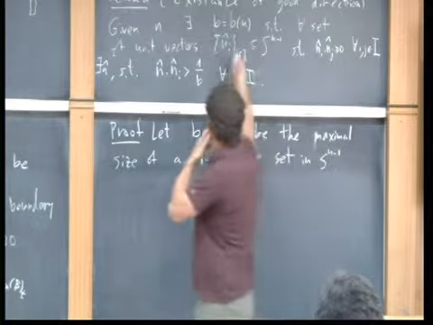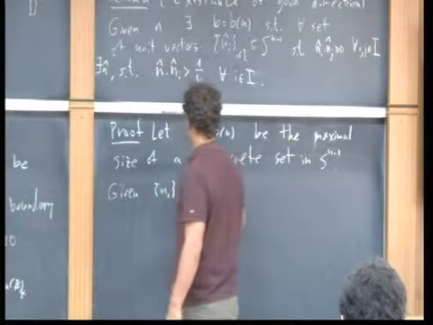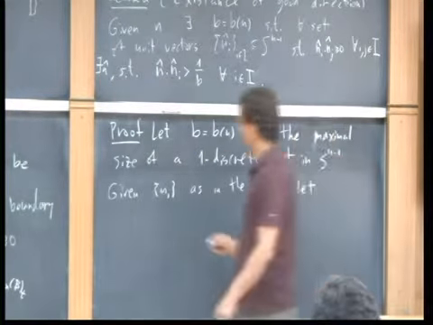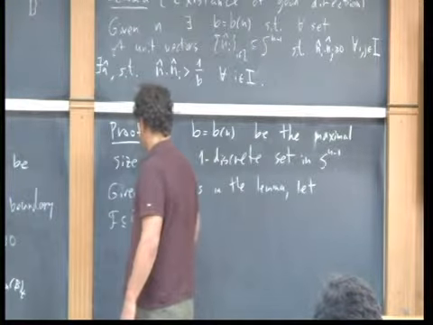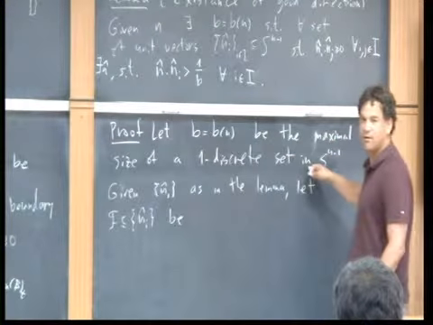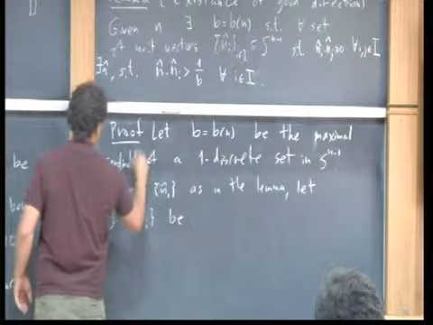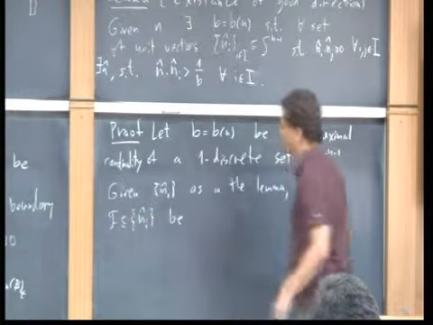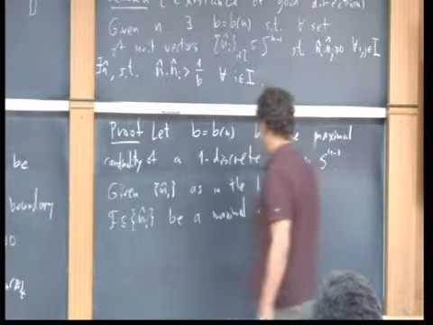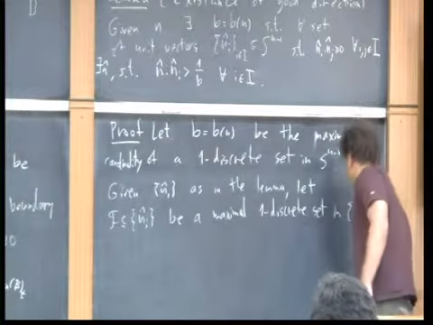Given a set n_i as in the lemma, let F be the maximal size, meaning the maximal cardinality, of a one-discrete set inside this set. Now let F be a maximal one-discrete set in n_i.